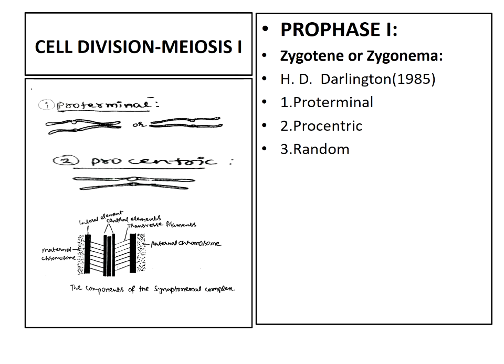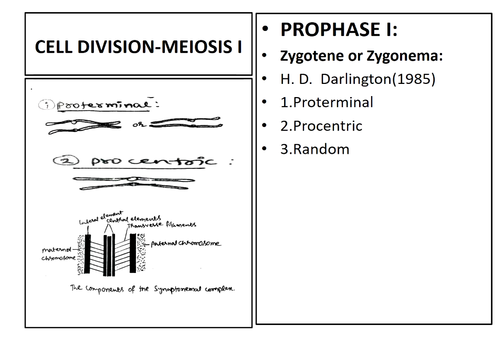Next, the second substage is zygotene or zygonema. The zygotene plays an important role in the establishment of future genetic recombination, and the chromosomes at this stage are long, thin, thread-like.